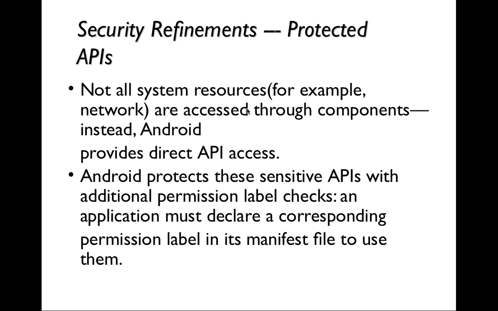Why do maps need a key? Not sure. There's other things that need keys too, but I'm not sure why maps. I don't get it, especially when you don't need it. Anyway, Android protects these sensitive APIs with additional permission label checks. An application must declare a corresponding permission label in the manifest.